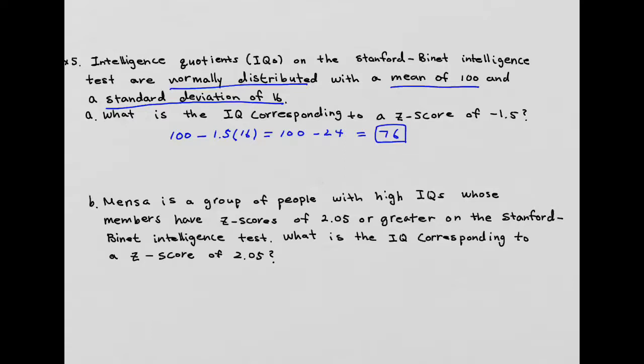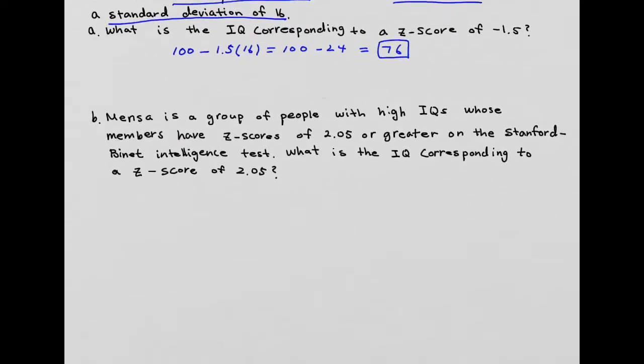Part B, it's saying Mensa is a group of people with a high IQ. A member has to have a z-score of 2.05 or greater from the mean of 100. And what is the IQ corresponding to a z-score of 2.05? So basically, what your IQ has to be in order for you to go into Mensa, right? So we'll do again 100.